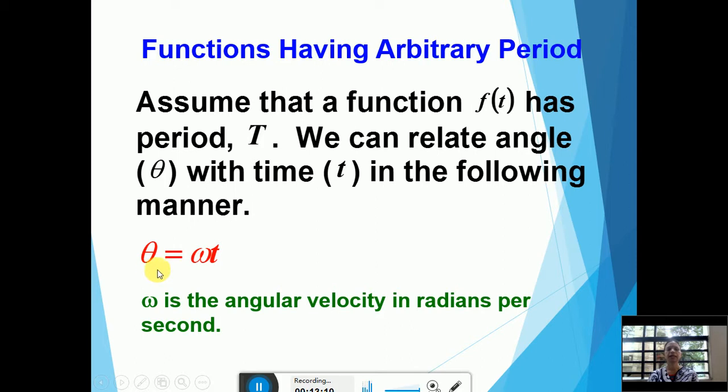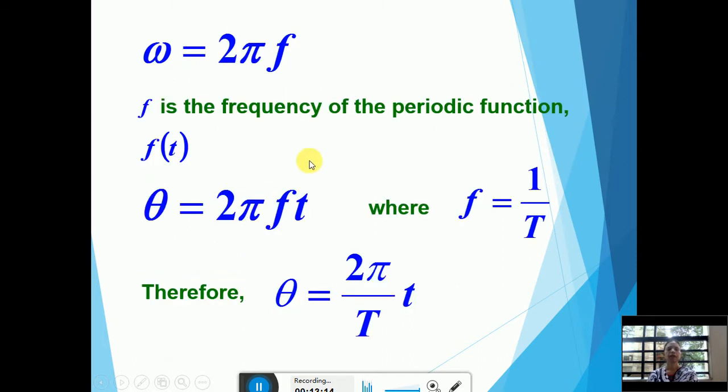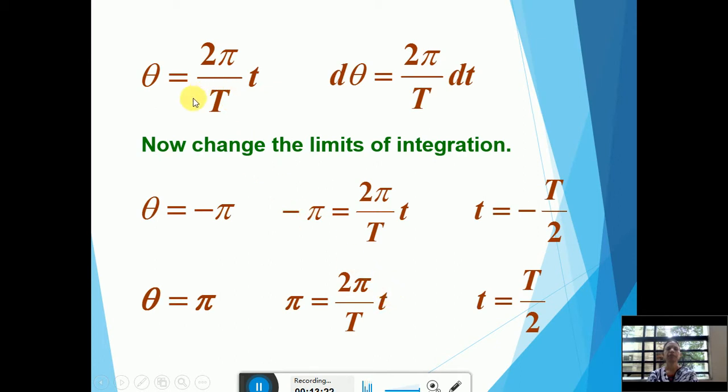So the angle theta is equal to omega t, where omega is the angular velocity. Omega is 2 pi f and f is 1 over T. Theta is 2 pi f t, so theta is 2 pi by T times t. Theta is given by this, so d theta will be 2 pi by T dt. Change the limits of integration. Minus pi means minus T by 2, isn't it?